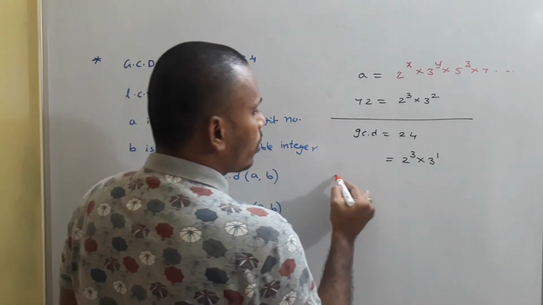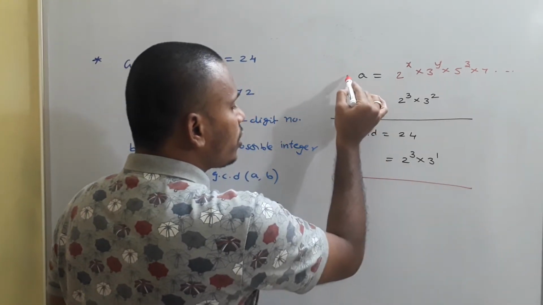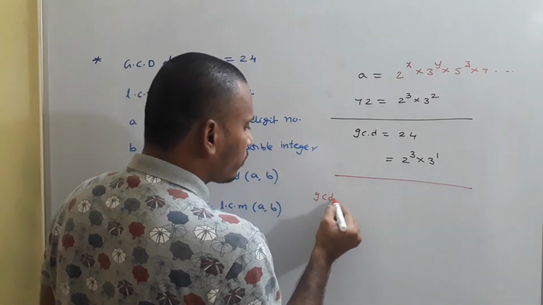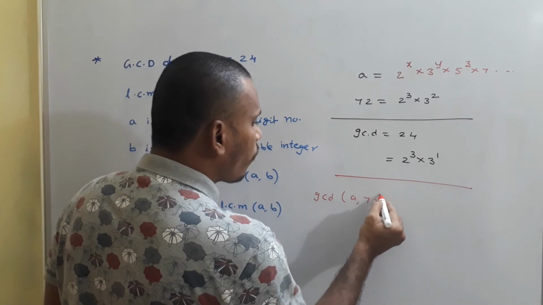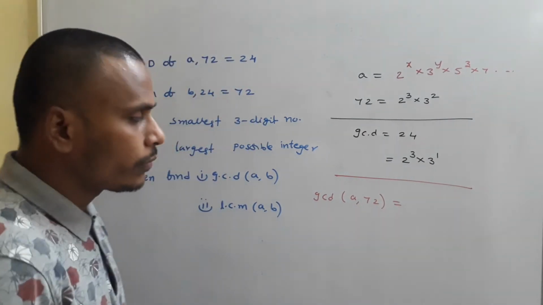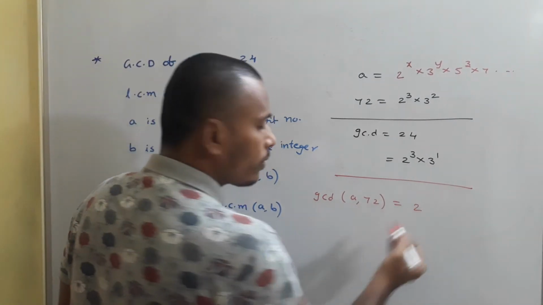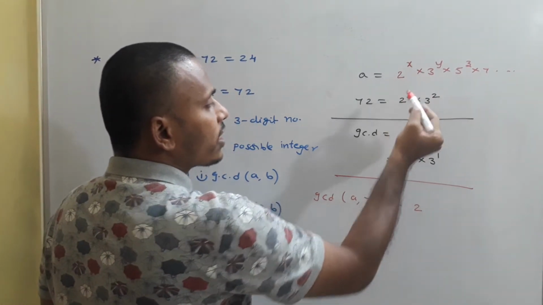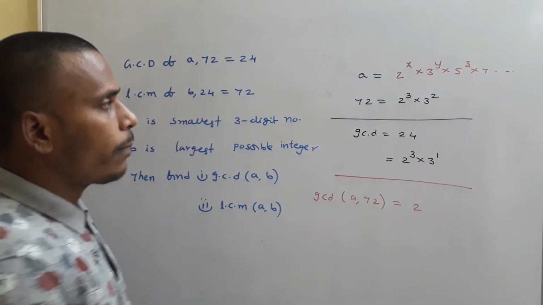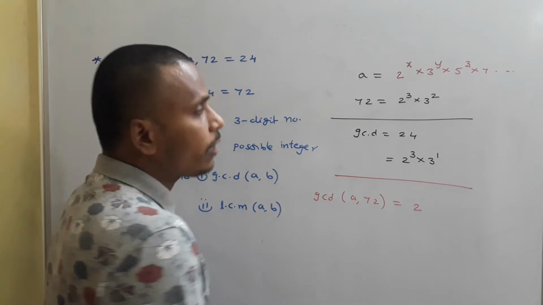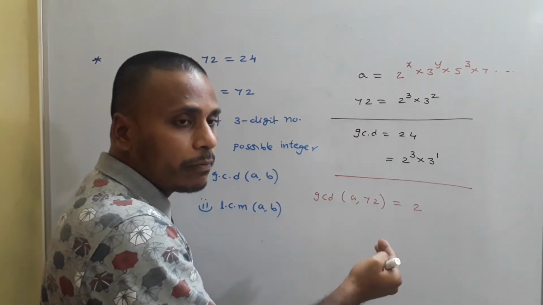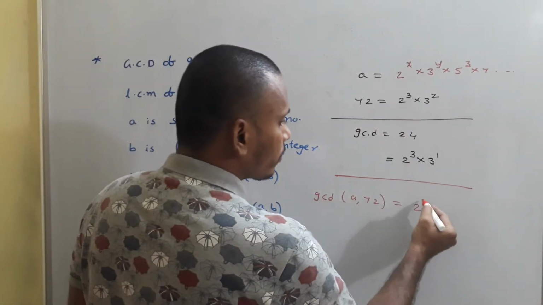Now see, what is the GCD of A comma 72? If you wish to write GCD of A comma 72, then that is 2 power minimum value of x and 3 we need to take. Minimum value of x and 3, that means this x value may be more than 3.